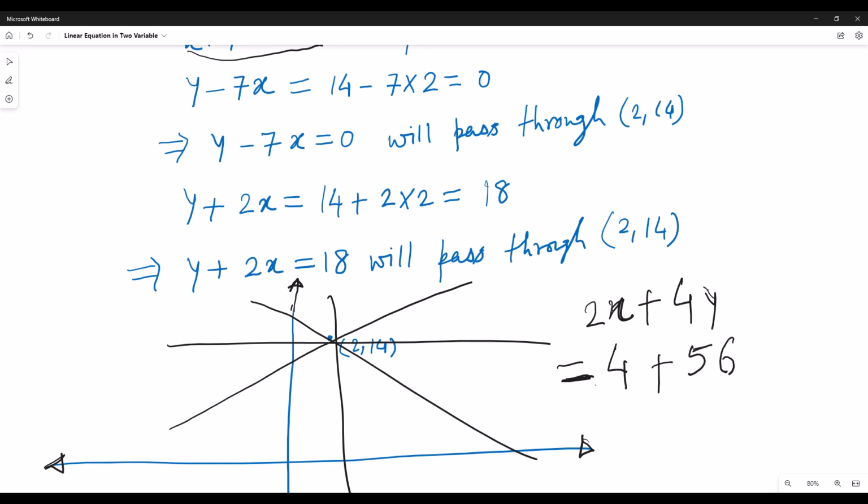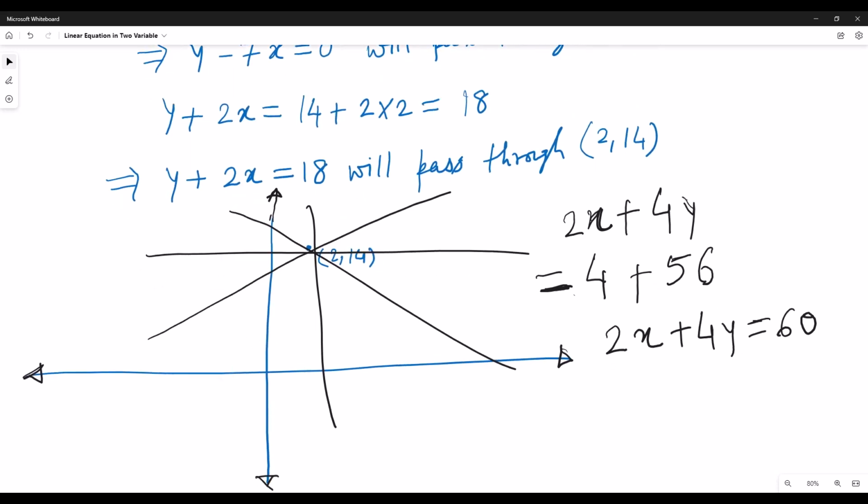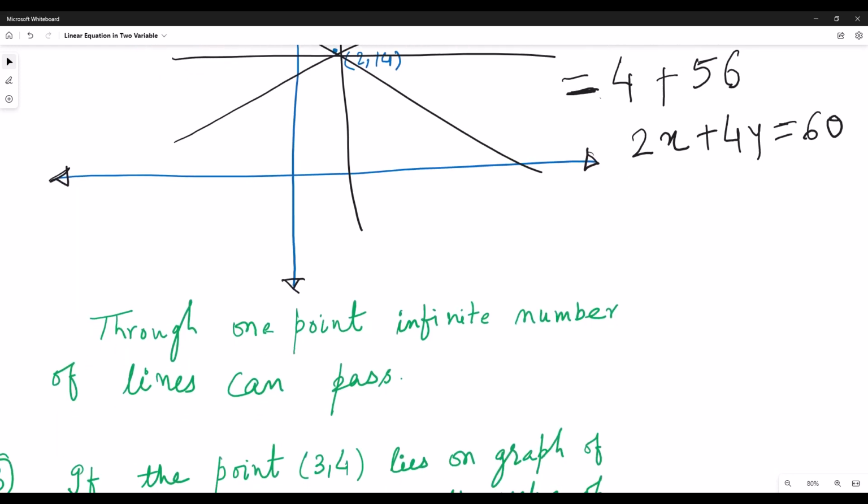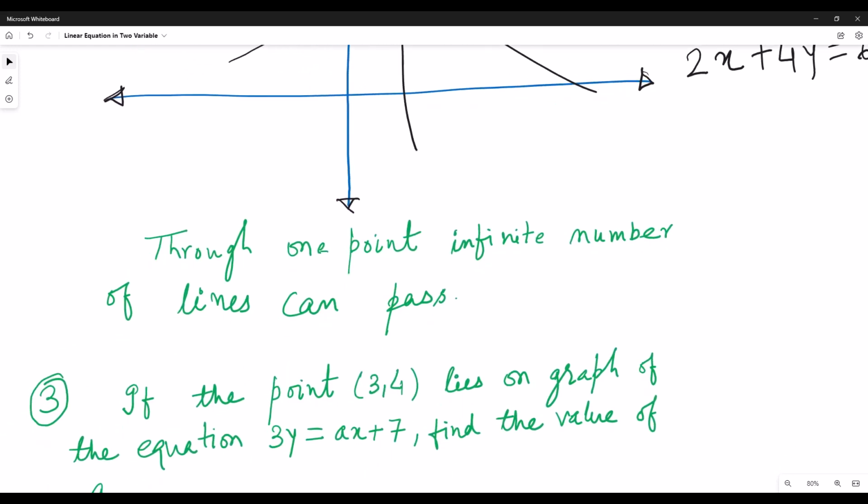So 2x plus 4y equals 60 will also pass through it. So instead of 4, you can take 3, 4, 5, any number, right? And 2x plus 3y equals, like that you can find out, and you will find that there are infinite number of such lines possible. So through one point, infinite number of lines can pass.